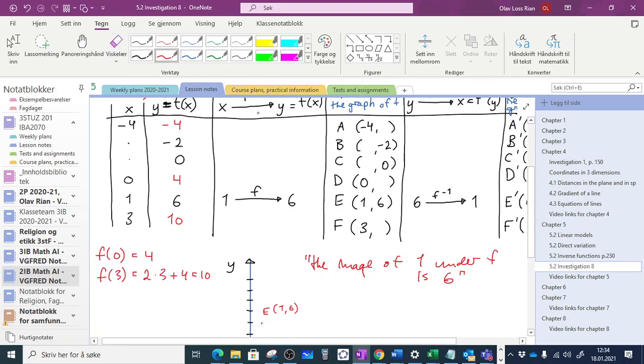When we look at this column, you should try to do them one at a time. So we say that the image of minus 4 under the function f is minus 4. And this is just to get a sense of what these symbols mean. So the image of 0 under the function f is 4.